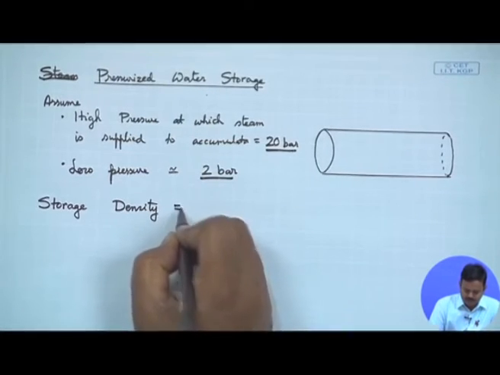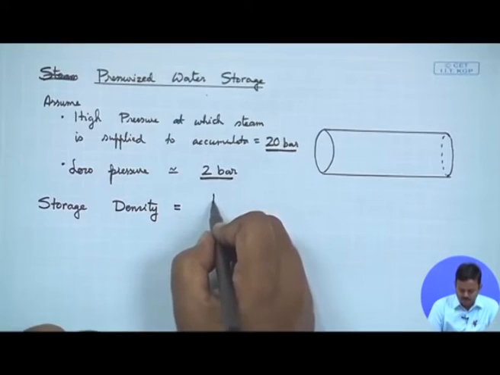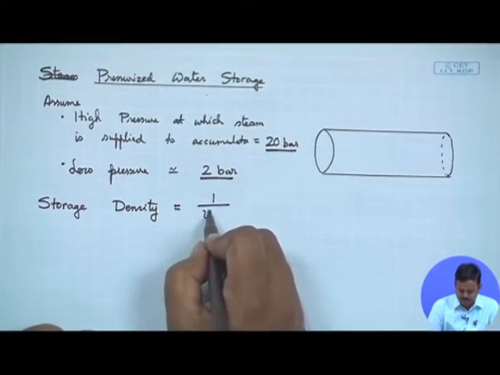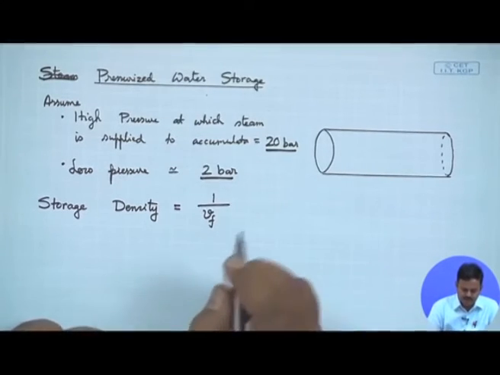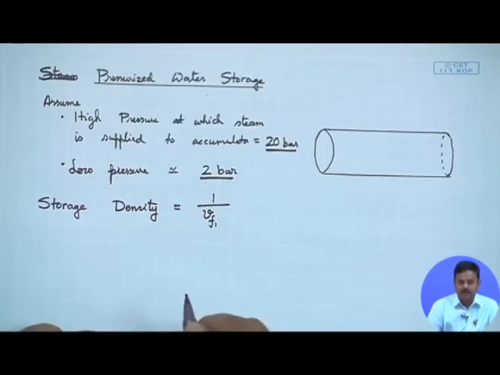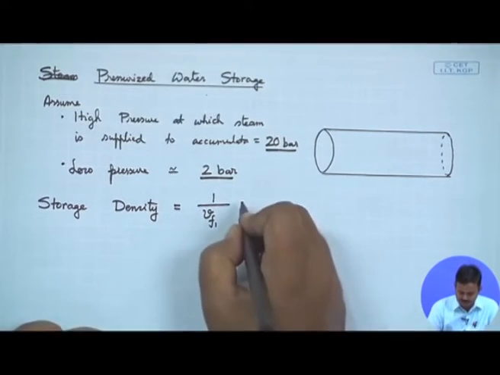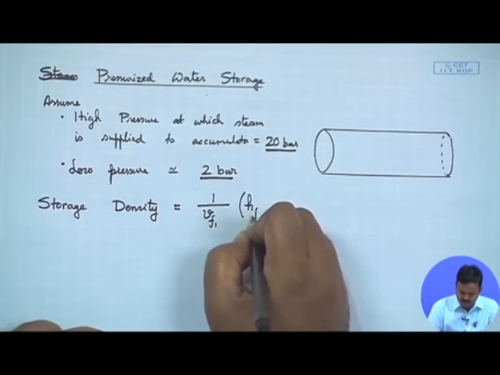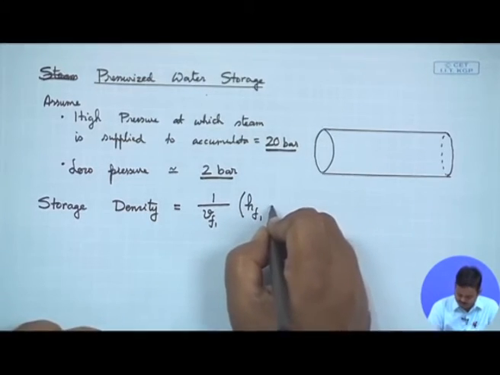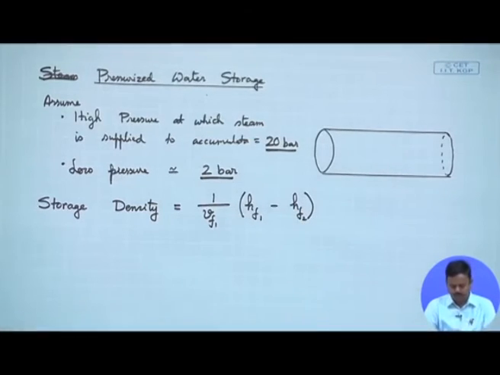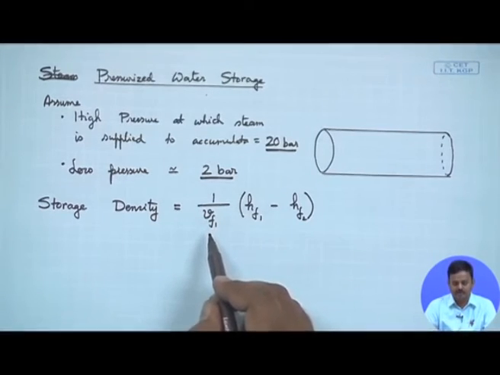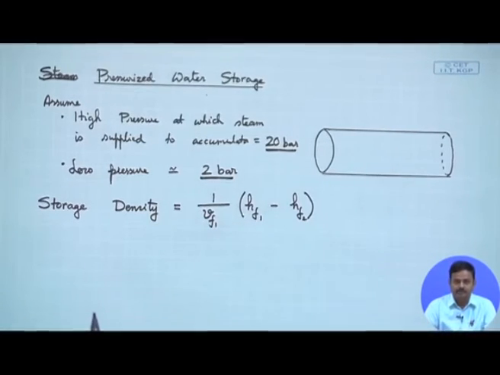And this will be equal to 1 over the specific volume at point 1, divided by hf1 minus hf2, because it is liquid water, or this is rho f, the density of the fluid at the high pressure.